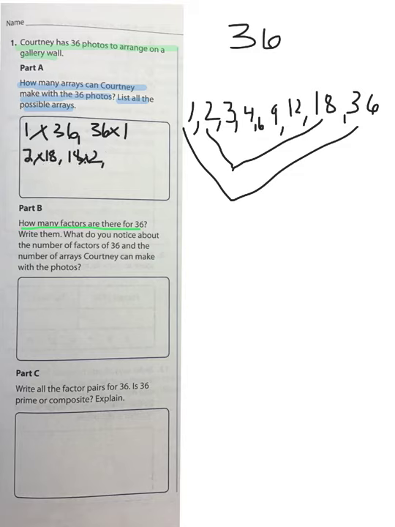I can also do 3 rows of 12 and 12 rows of 3. And we've got 4 rows of 9 and 9 rows of 4, and my last way is 6 rows of 6.